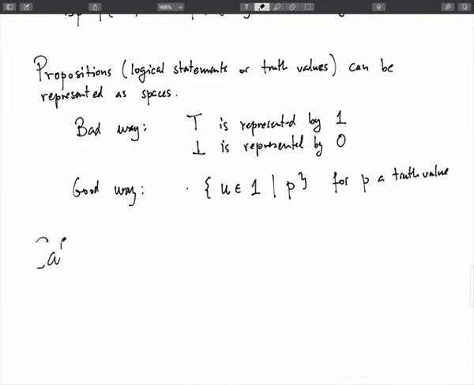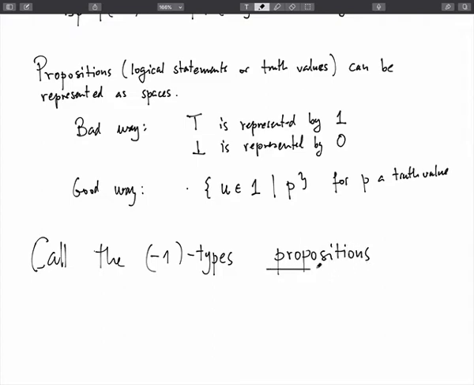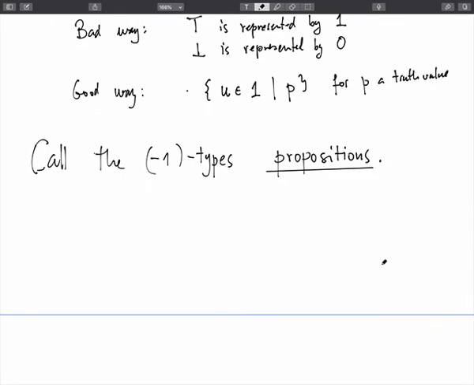So we therefore call the -1 types propositions, because they behave like truth values. They are not about structure anymore.